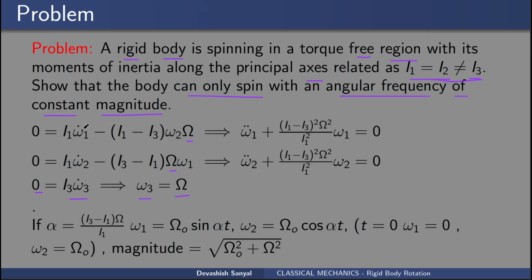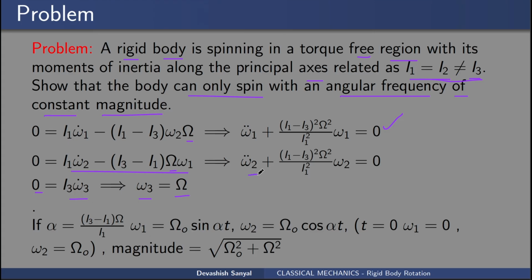So we have omega 1 double dot, we have omega 2 dot, and then replace omega 2 dot from this relation, and you will get this relation. This is the equation of simple harmonic motion. So omega 1 satisfies simple harmonic motion.